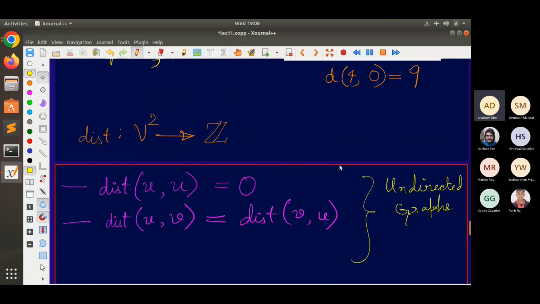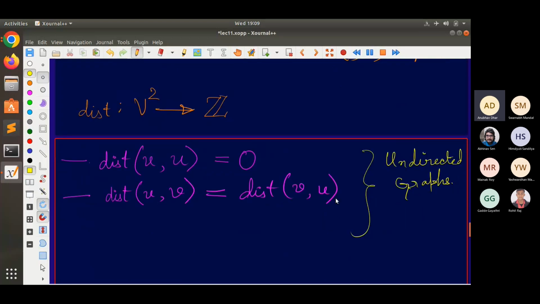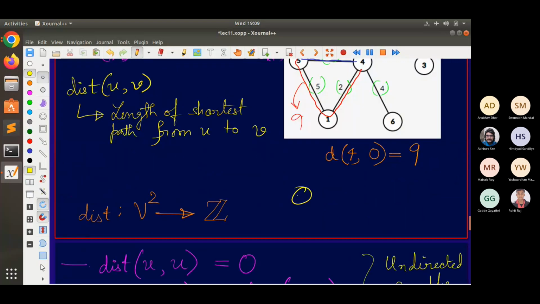In directed graphs, this property may not hold, because you can just have one vertex connecting another vertex in one direction with some weight, let's say 10. So the shortest path from 1 to 2 is of weight 10, but there is no path from 2 to 1. Hence, the shortest path is assumed to have a value of infinity.